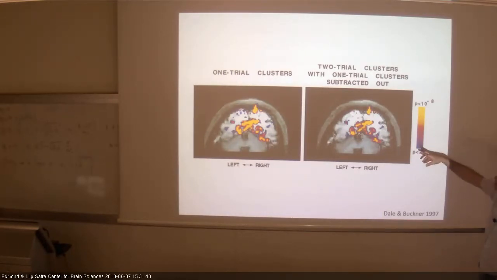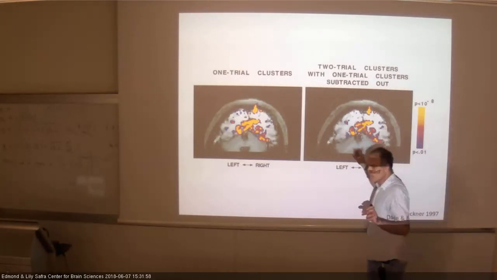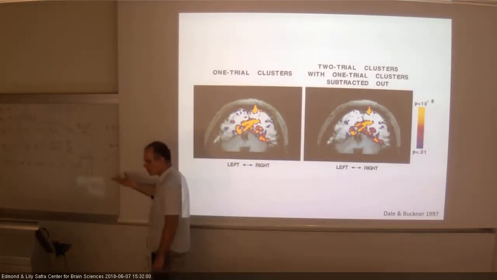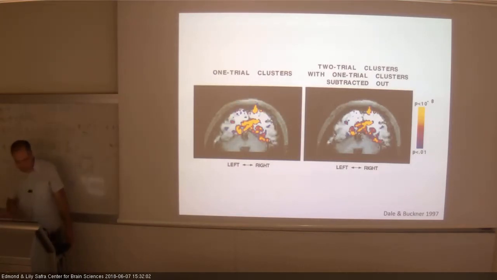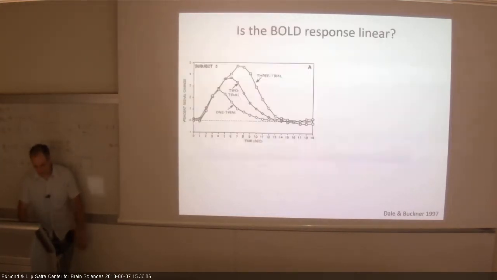Okay, and again, this is one trial activation, and you see 2 trial clusters with 1 trial cluster subtracted out. So this is the estimated second trial activation. So it's pretty much the same as the first trial, the real activation, the real, well, measured, not estimated.